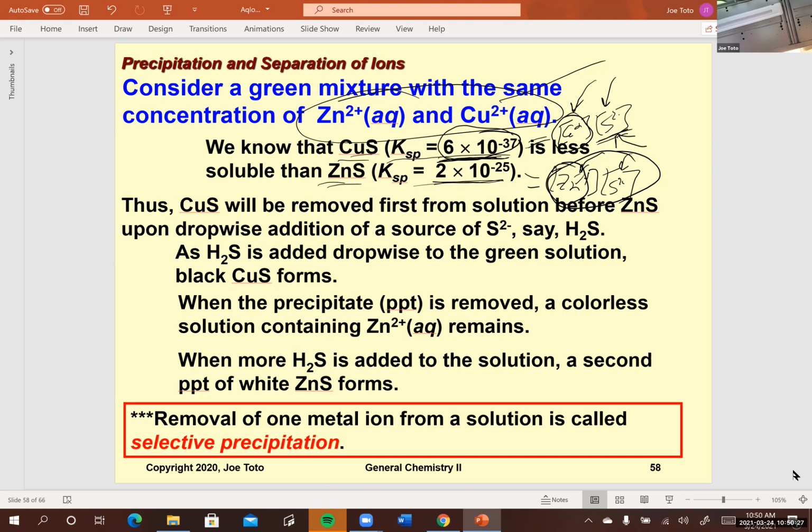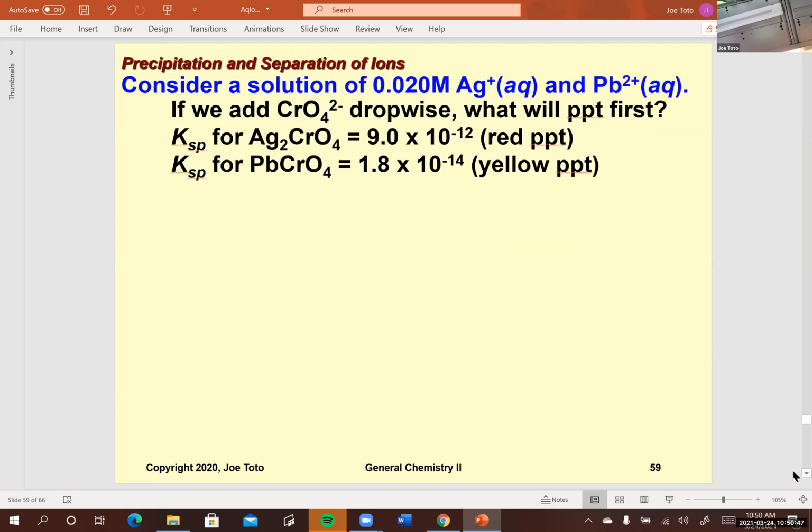And then this concentration is going to go down until the zinc starts to precipitate at some threshold. And these thresholds we can calculate using the equilibrium constants. So I know that's kind of cloudy right now, but let's look at an example. Here's an example problem of using selective precipitation.